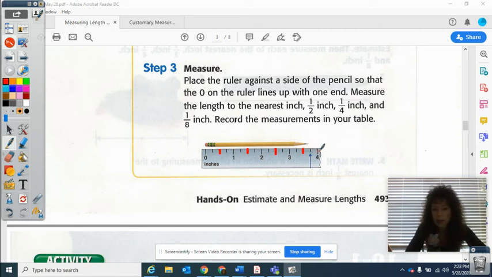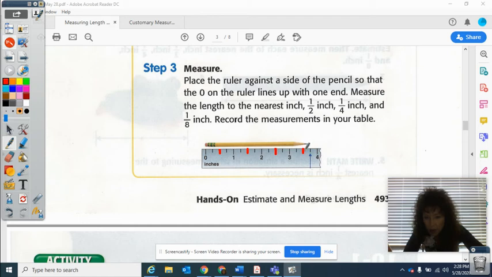Okay, so they're asking us to the nearest 1/2 inch. Well, it looks like it's pretty close. Is it going to be closer to 3 and 1/2 inches or closer to 4 inches?